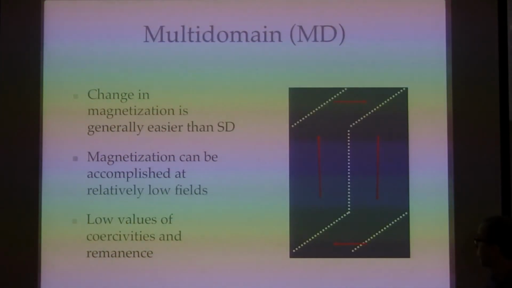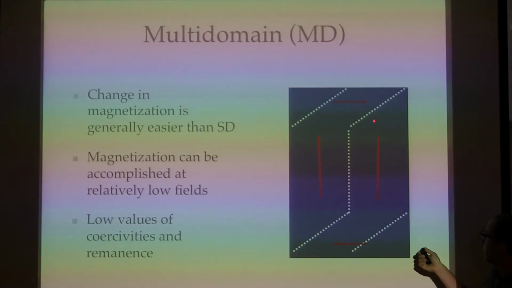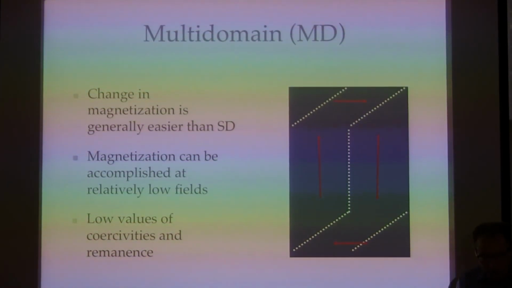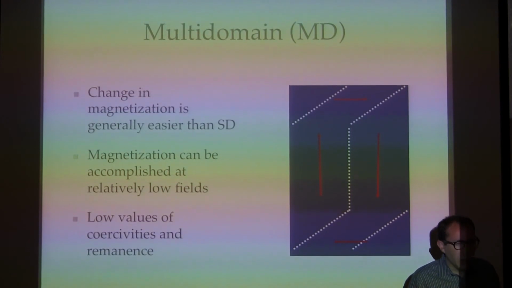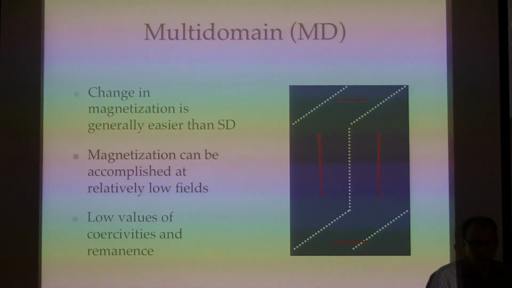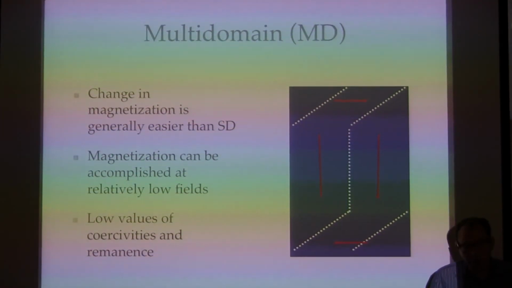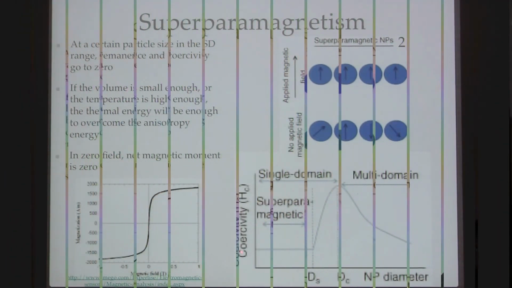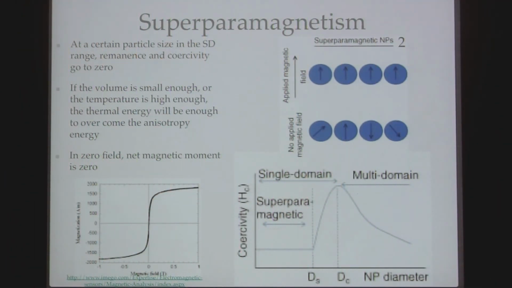We also have multi-domain particles. Here you get a little bit bigger, and the change in magnetization is much easier to accomplish. But one of the effects of having monodomain particles is a unique behavior called superparamagnetism. Superparamagnetism is very size dependent. We have this superparamagnetic regime, and there's a critical size for that.